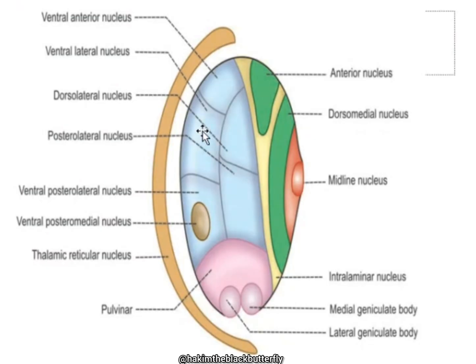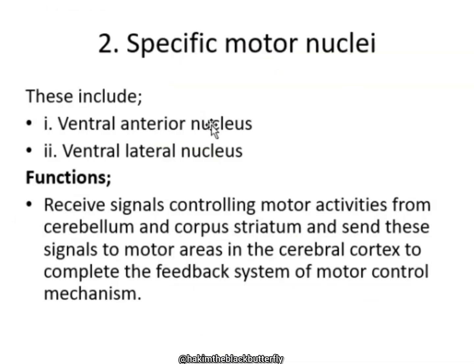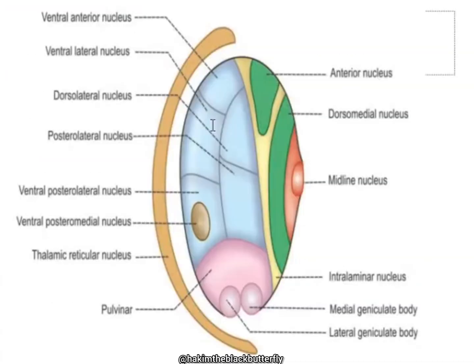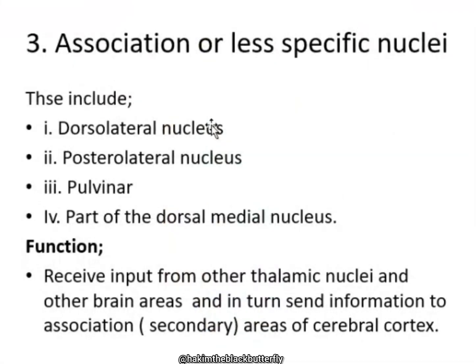And when we are talking about the cerebellum and the basal ganglia, we shall talk about the ventral anterior and the ventral lateral. These are specific motor relay nuclei. Then we have the association nuclei or the nonspecific nuclei.